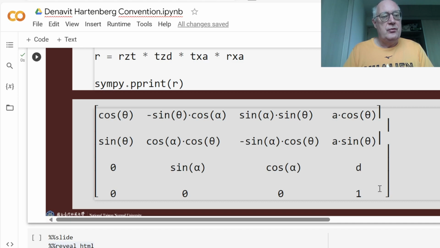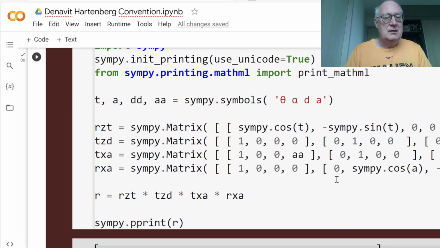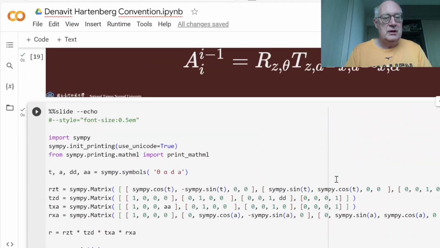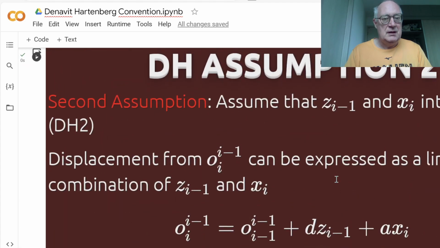Also, for the computation, we should actually check how much slower it is to calculate the transformation matrices, the forward kinematics, by using this form or even further expanding it and just calculating it one step at a time here.